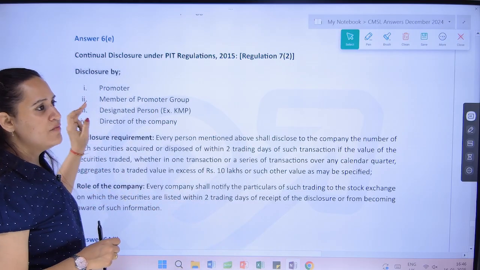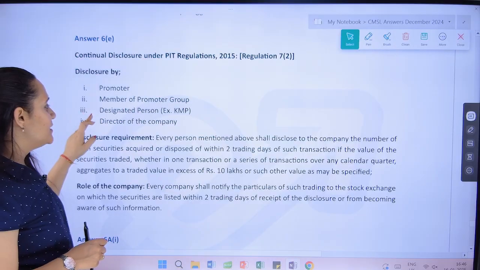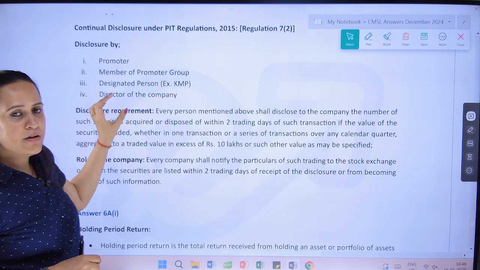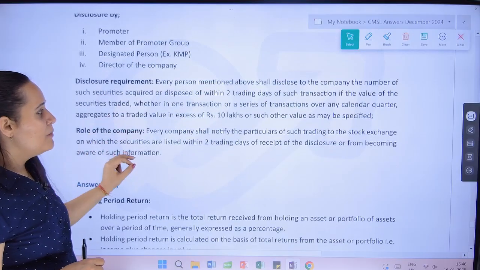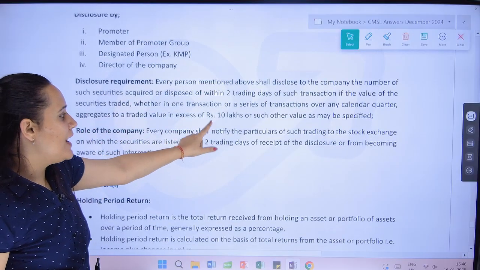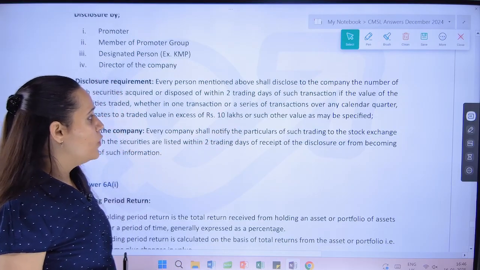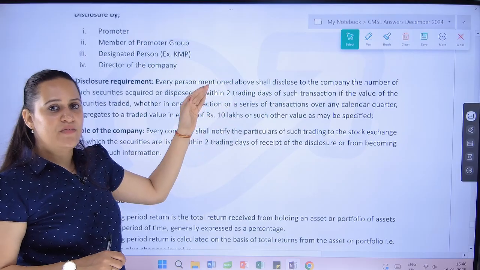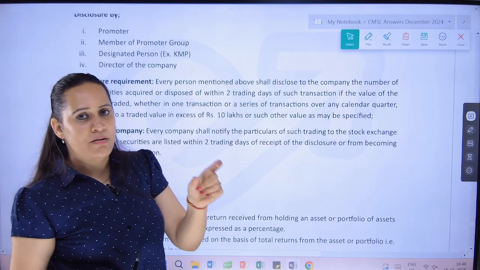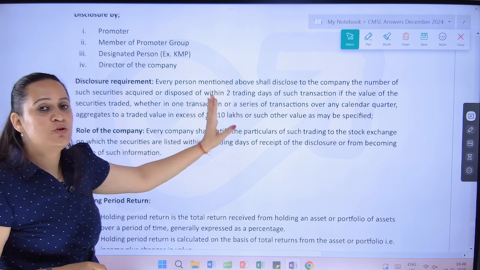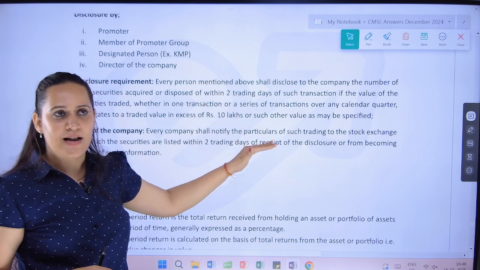Every promoter, every member of the promoter group, every designated person and every director of the company. All these people are under an obligation to give information if they are executing any transaction over and above 10 lakh rupees. Within 2 trading days of executing the transaction, they have to give an intimation, whether it is through one transaction or through multiple transactions. They have to give information within 2 trading days of touching the limit of 10 lakhs.